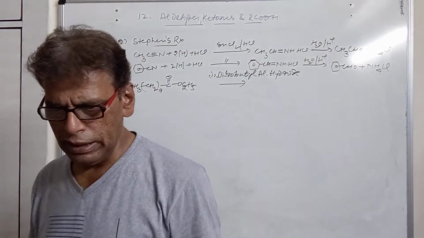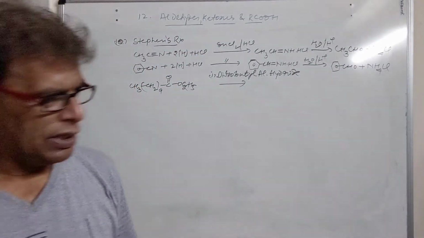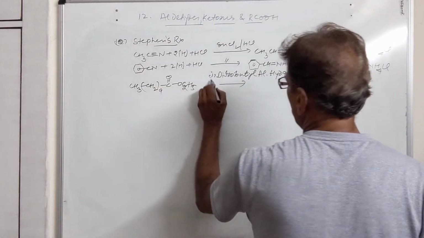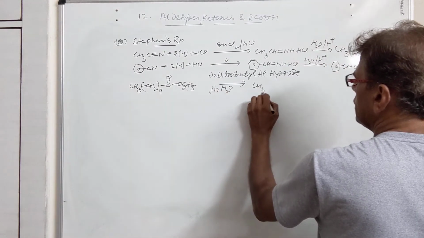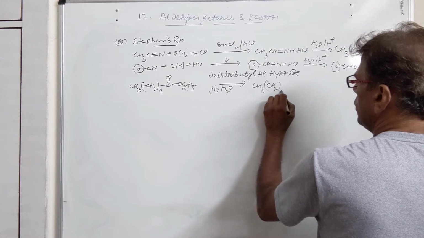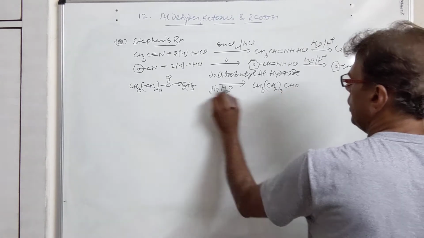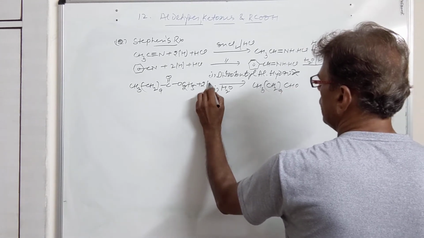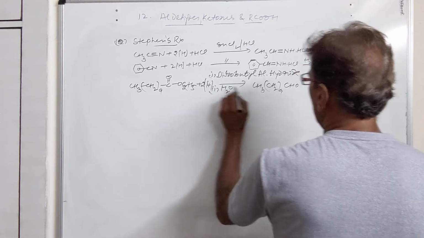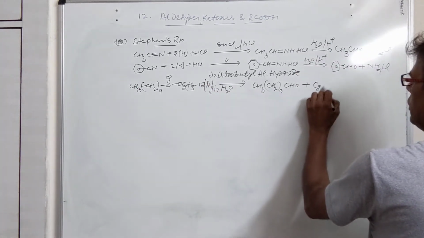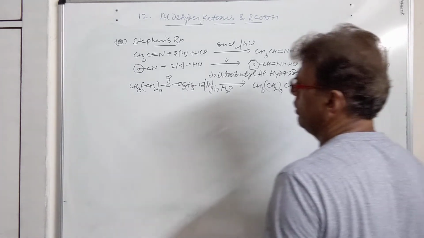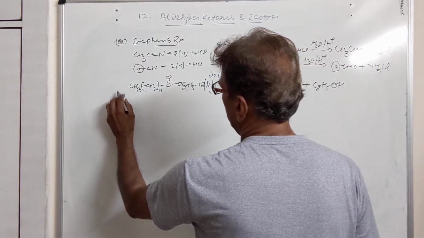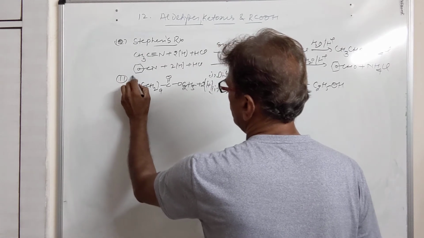This reagent is first treated, then the product is hydrolyzed by water. We'll get CH3(CH2)9CHO. It supplies two nascent hydrogens and they bring the aldehyde and alcohol from this method. Then this is our 11th method, from esters.